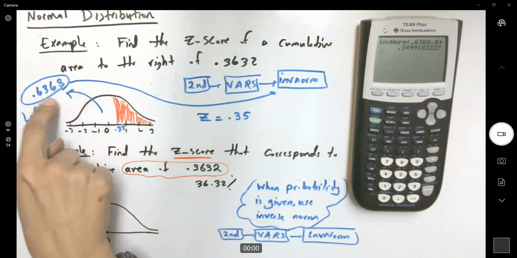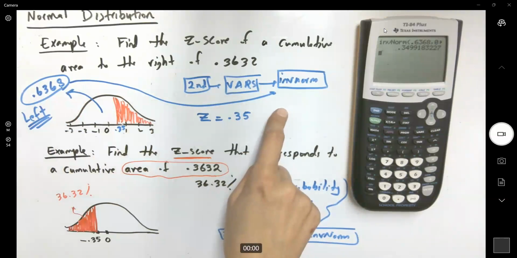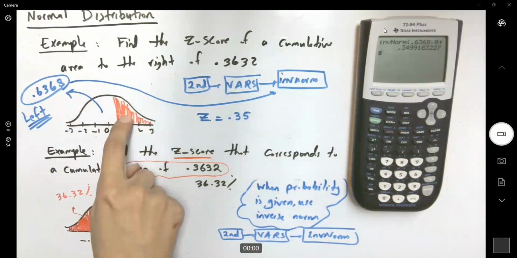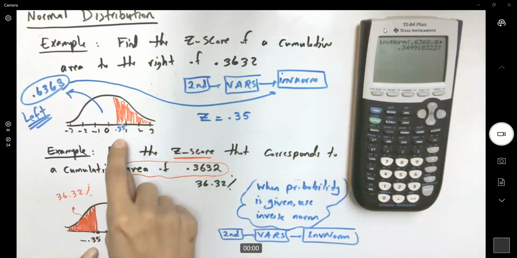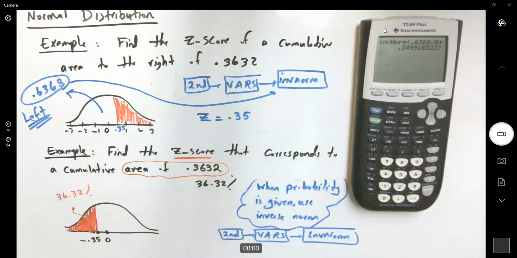We have to use the area on the left for our calculator, or you can just plug in this area in the calculator and get a negative number and then use common sense conclusion that it's going to be positive on the right hand side of 0.